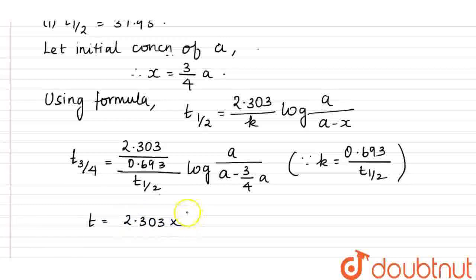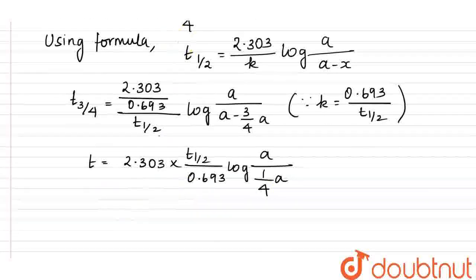2.303 into T half divided by 0.693, log of A divided by, when we cross multiply this, there will be 1 by 4A. 4 minus 3 is 1, so 1 by 4A. So then it will become T is equal to 2.303 into T half.